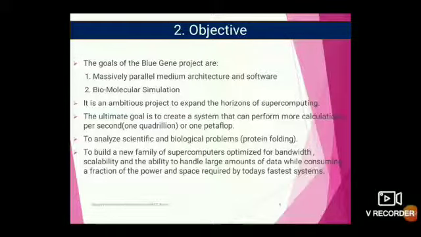The Blue Gene project was carried out to expand the horizons of supercomputing. The ultimate goal is to create a system that can perform more and more calculations per second. And the goal of developing supercomputers is to optimize the bandwidth and scalability, the ability to handle large amounts of data while consuming a fraction of the power and space.